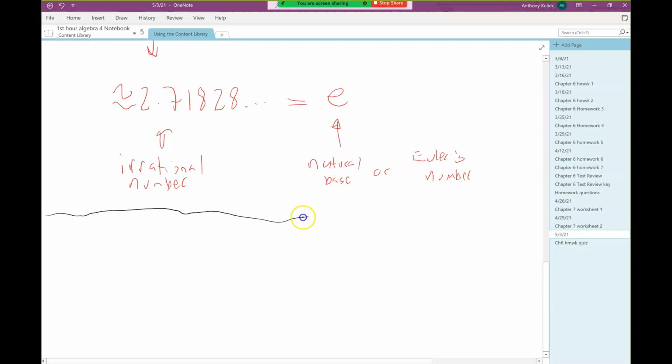So the point of what we're looking at is this creates a new model for us.